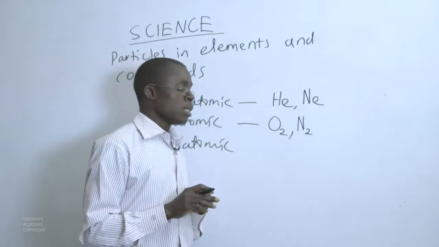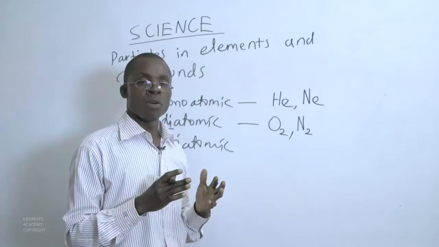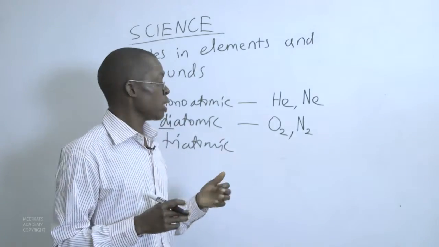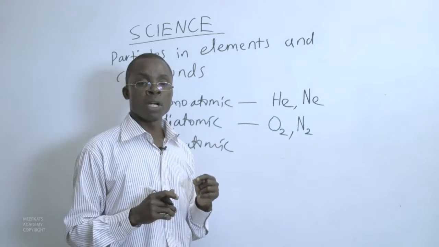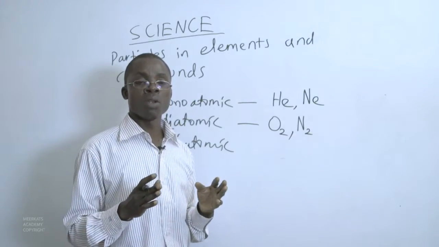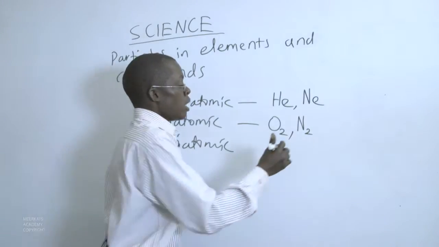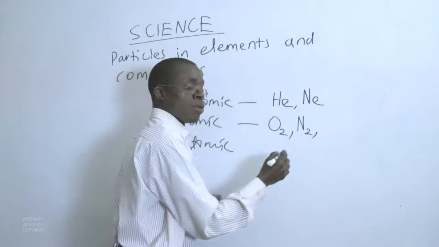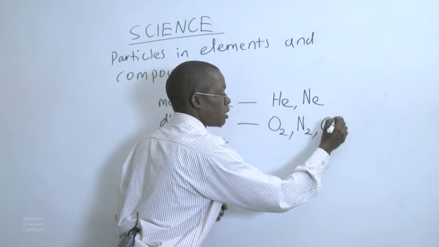You can also get diatomic gases of different types of atoms. So being di does not mean the atoms must be of the same element. They can as well be of different elements. An example here is carbon monoxide. Carbon monoxide is a gas.